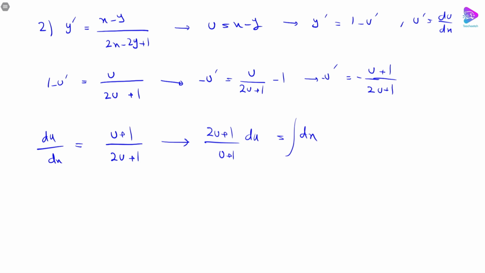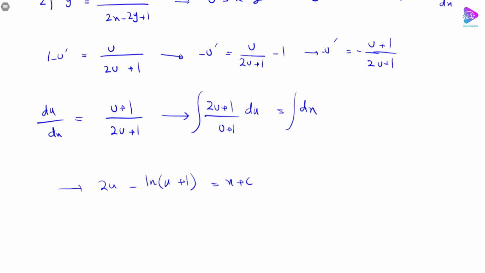Like so. And then if you integrate this, you will see that this is equal to u minus ln of u plus 1 equals x plus c. As you can see, doing this change of variable will help us separate u and x.